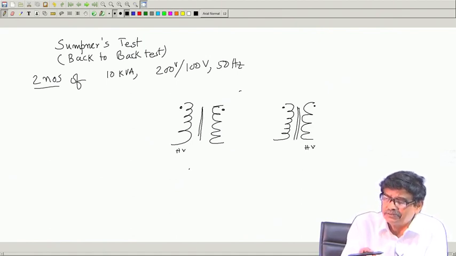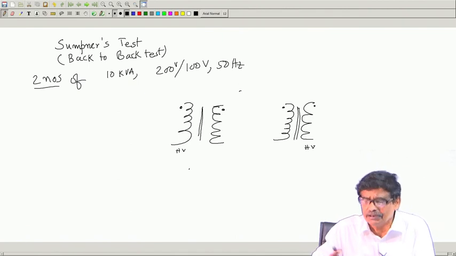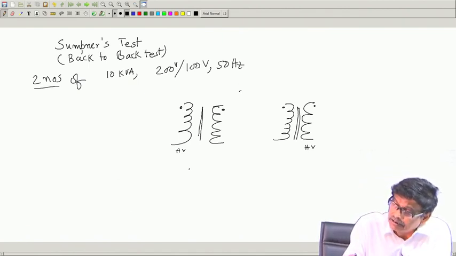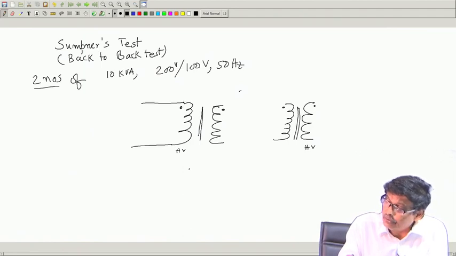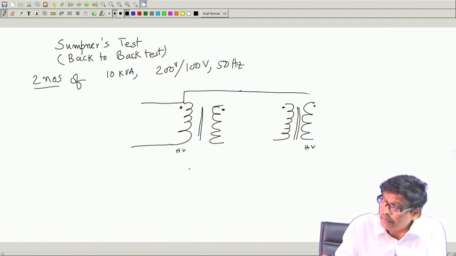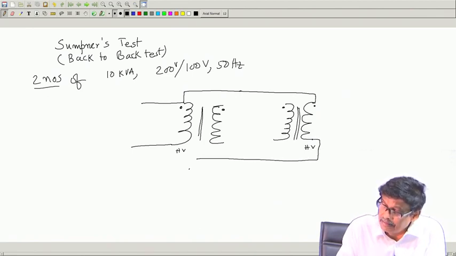HV side in this case 200 volt, 100 volt both are available in the lab, we will not bother. So, what you do? You connect these two transformers' HV, in this case HV, it could be LV also, no problem, and connect them in parallel.